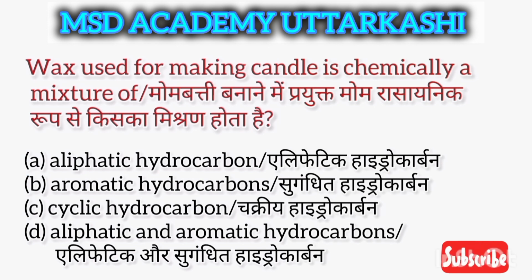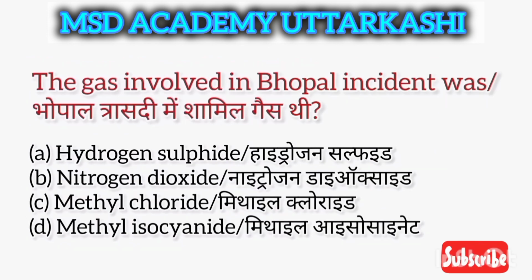Next question. The gas involved in the Bhopal incident was option A hydrogen sulfide, option B nitrogen dioxide, option C methyl chloride, option D methyl isocyanate. So the correct answer is option D methyl isocyanate.